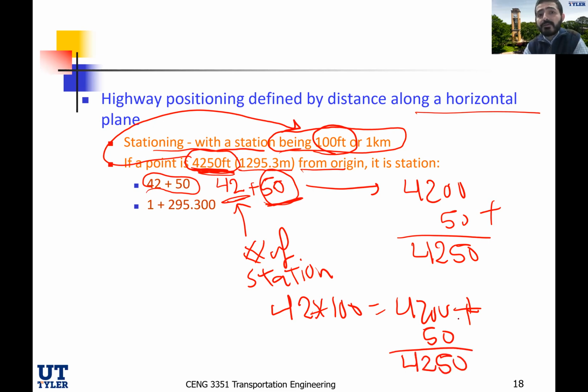Same thing when it comes now to the metric units. If it's 1,295.3 like this, how can I change it?